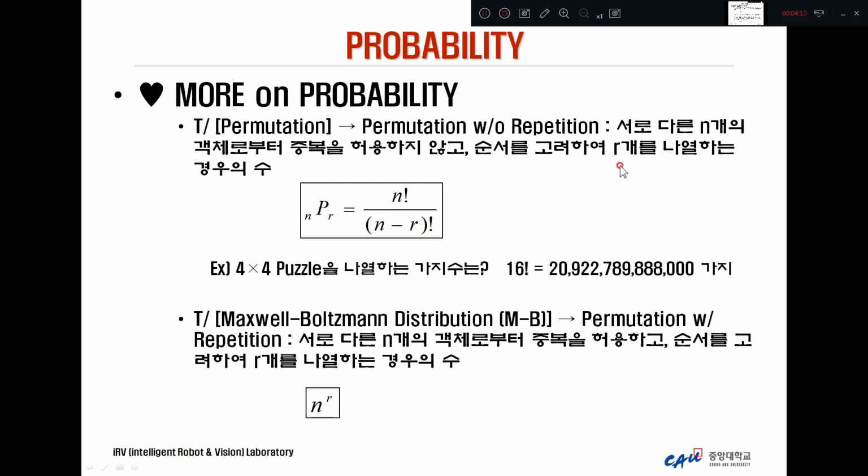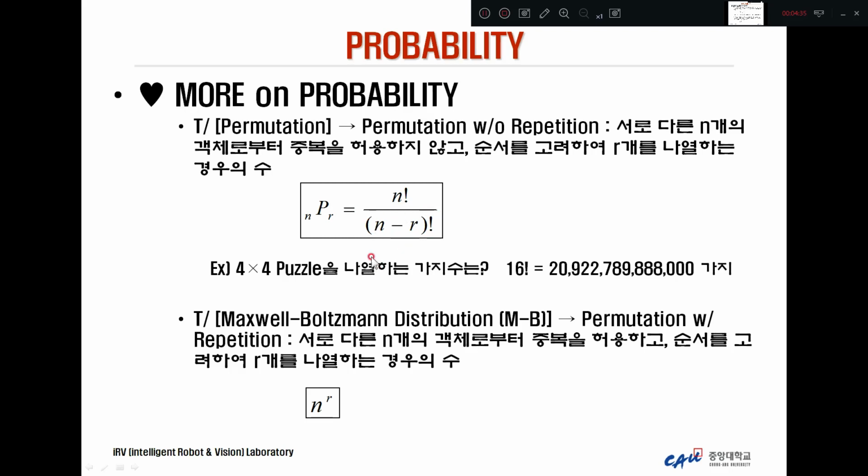What is the number of instances? There will be permutation, and here we have P subscript n r, which is defined as n factorial over n minus r factorial.